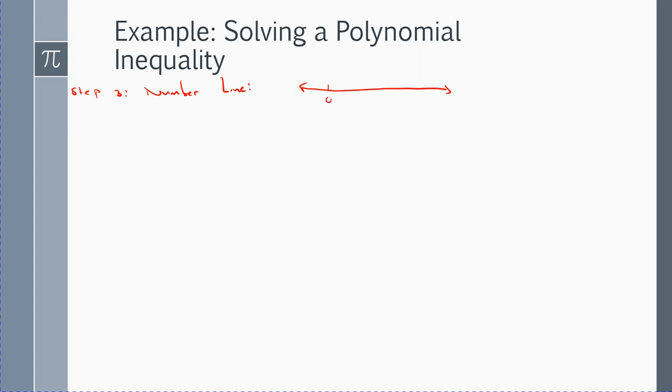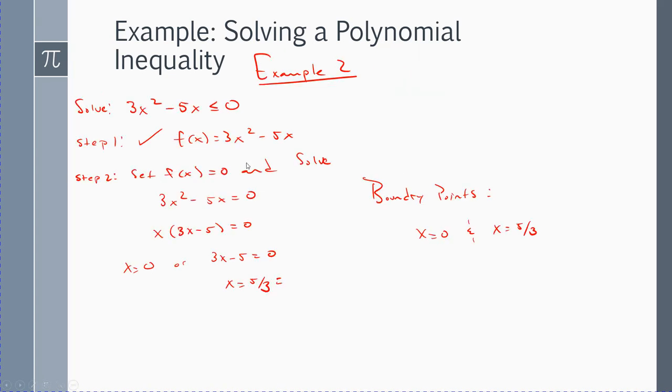So our solutions were 0 and then 5/3, which means, again, we have 3 intervals here, right? We have negative infinity to 0, we have 0 to 5/3, and then we have 5/3 to infinity. And going back, notice how this is a less than or equal to. So I'm going to talk about in the end how you handle this when you go to show your solutions, okay?